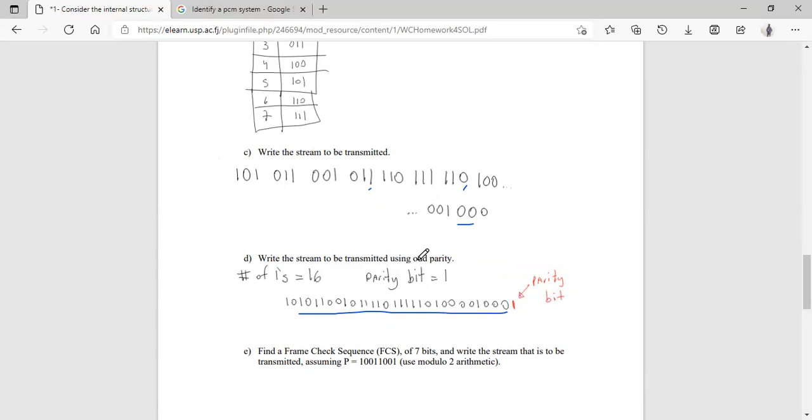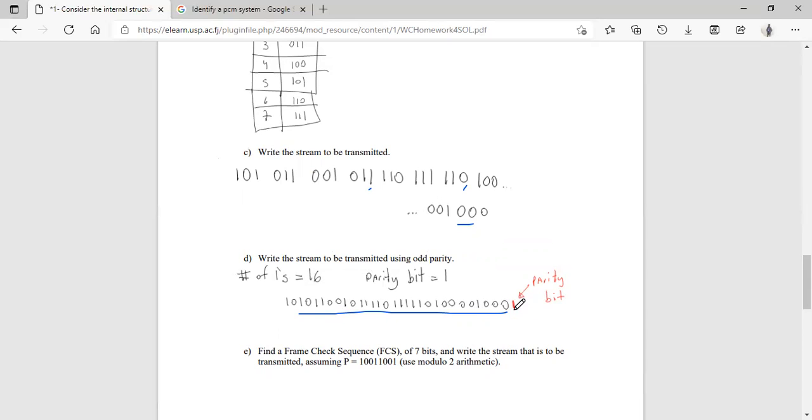And I have to use odd parity. This means I need to add an extra bit. When I add a parity bit, I'll either add 1 or 0 in order to make the system odd or even. In this case I have 16 ones, so if I add a 0, it becomes even parity. So I need to add 1.